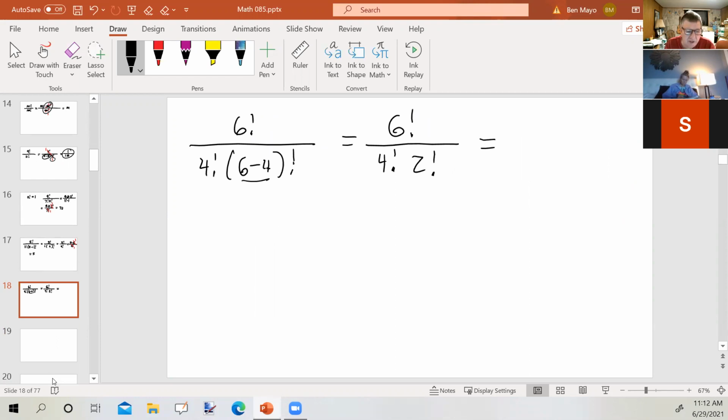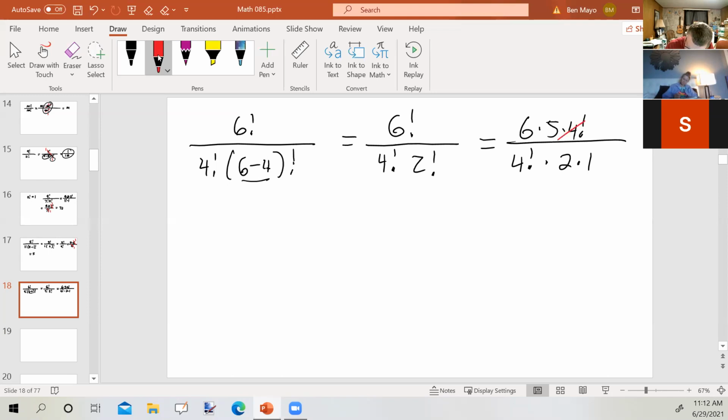Well, I can take the 6 factorial and use it to knock out the biggest factorial in the denominator, the 4 factorial. So I'm going to write 6 times 5 times 4 factorial. In the denominator, I'm going to take 4 factorial as it is, and then I'm going to write 2 factorial as 2 times 1. Okay, any questions so far with this problem?